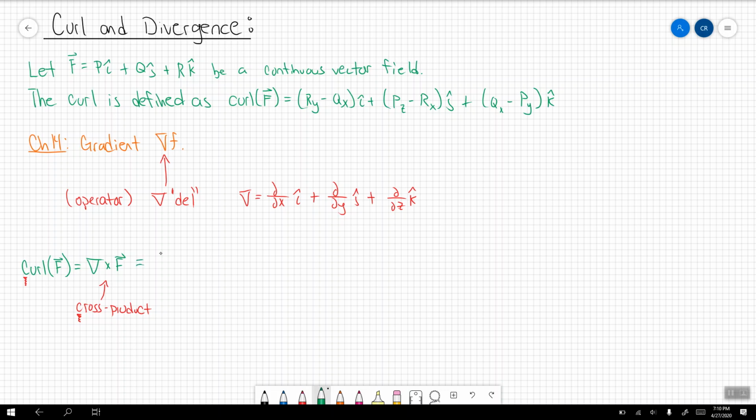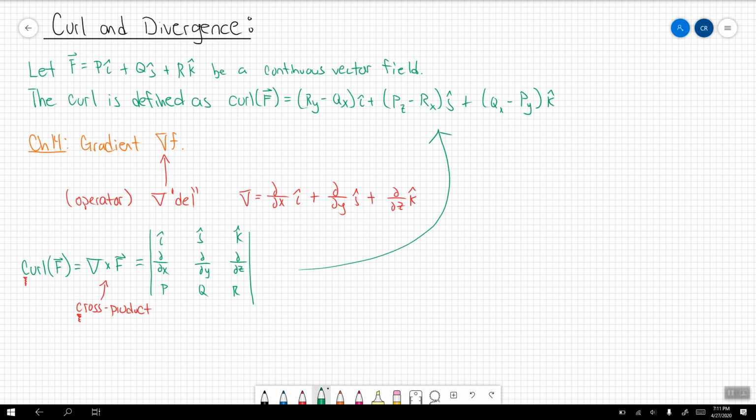All right, now when we think of this cross product, we again do the i, j, and k unit basis vectors, and then we do del, which is just the partial derivatives operator, and then we do the vector field, P, Q, and R. Finding this determinant, or in this case finding this cross product, will lead you to the definition that we started with.